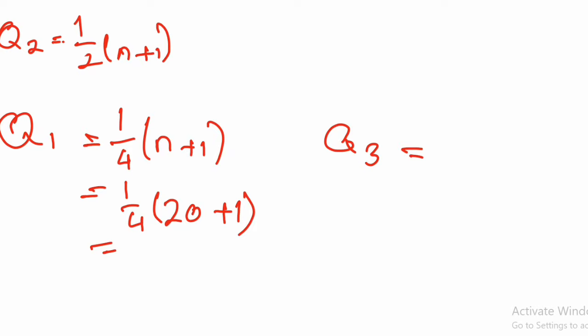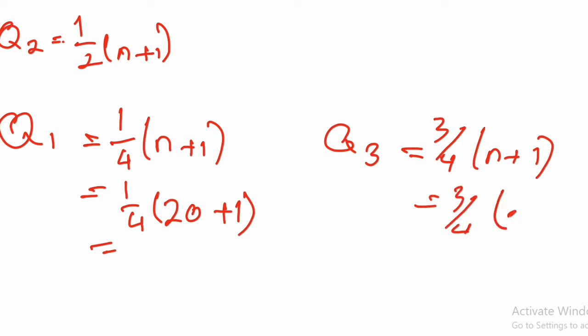Now you come back here. If you're looking for Q3, it's 3 over 4 (n plus 1), which is equal to 3 over 4 (20 plus 1). Now the values that you get here are not your actual Q1 and Q3, but rather they represent your positions.